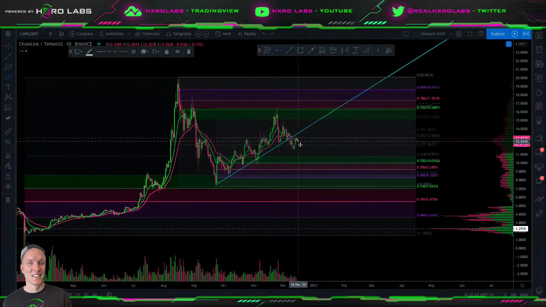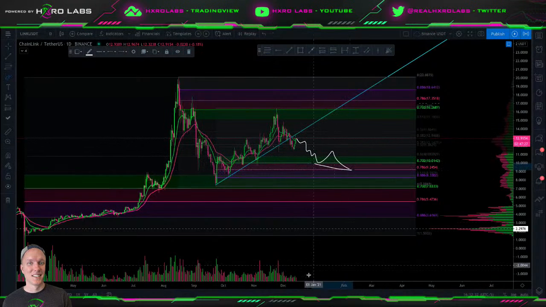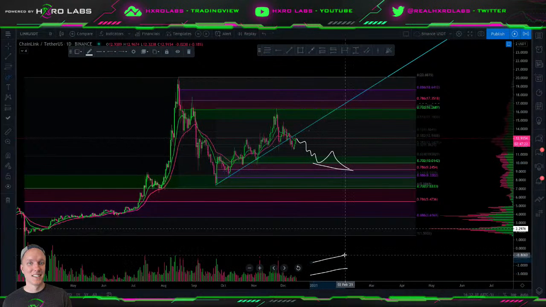So let's see. Come down. Making a low. Making a low. Maybe bouncing up. And then making that new low. And because of this bounce, the momentum indicators will be kind of looking bullish. And so when this newer low comes in, I should see some higher lows on my momentum indicators, MACD, RSI, whatever.